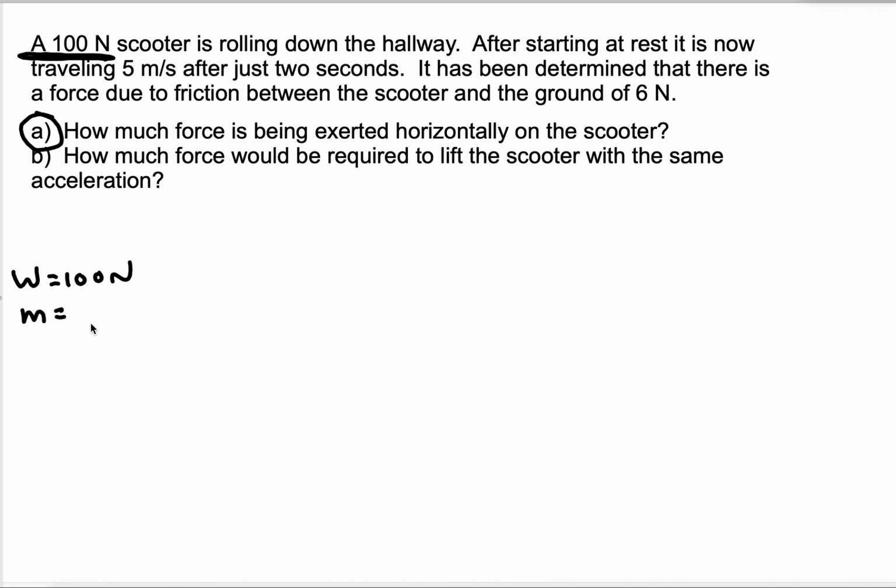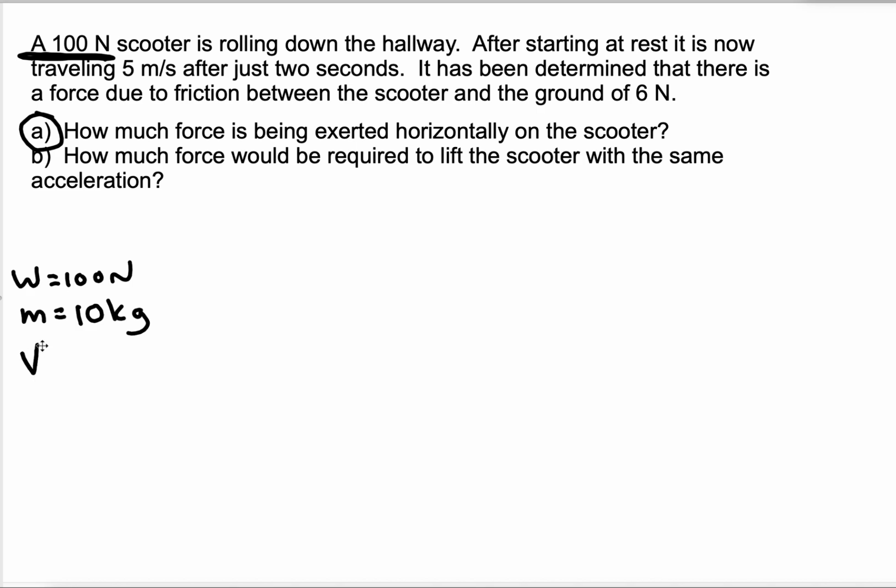The mass of my scooter would be 100 newtons divided by the acceleration of gravity. Because we're running out of time, is it okay if I just round gravity to be 10? Will you guys be all right with that? Okay, so I'm going to make mass equal to 10 kilograms. It would be 100 divided by 10.